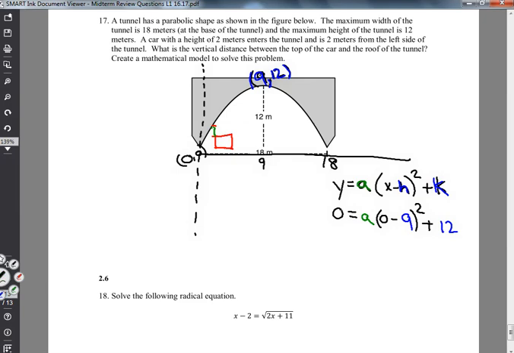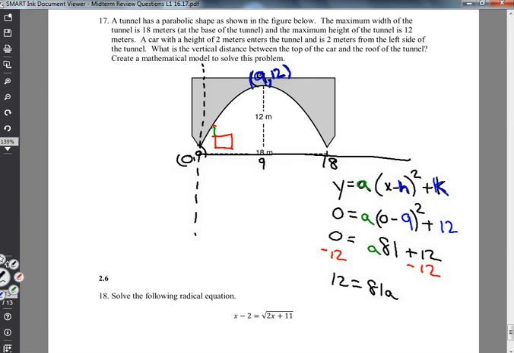Negative 9 squared is 81. Then 12, plus 81 times A. So then I want to get the A by itself. So I would first subtract 12. And that negative 12 equals 81A.